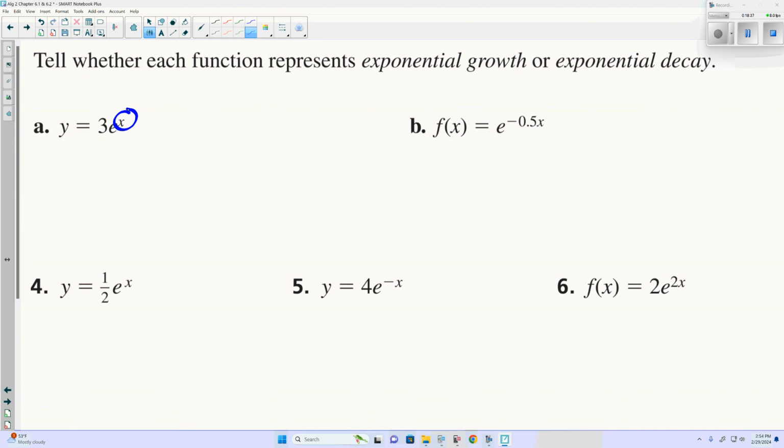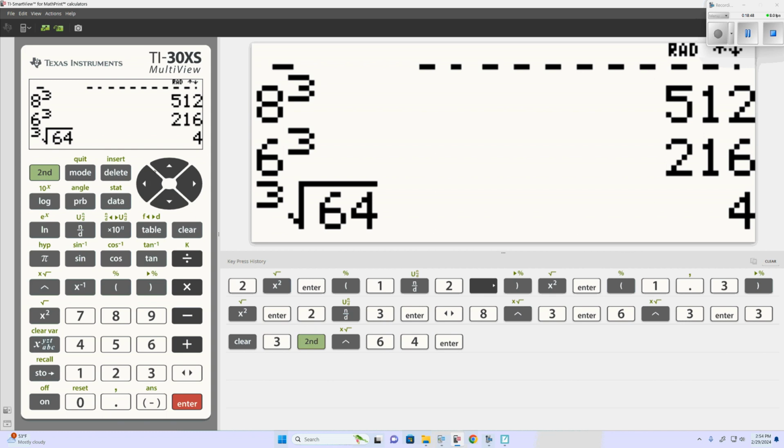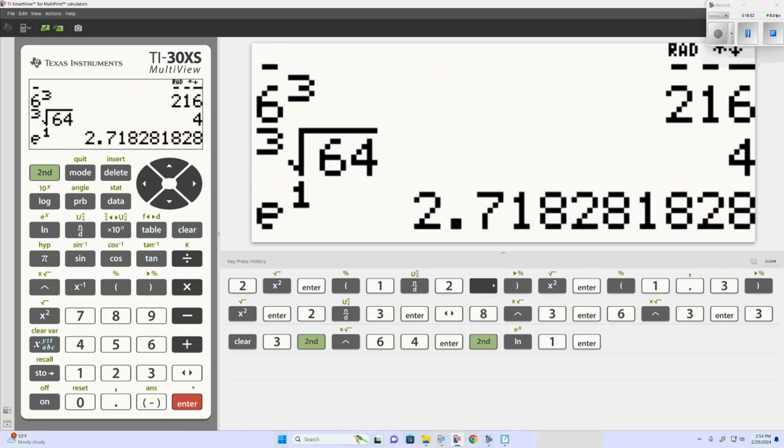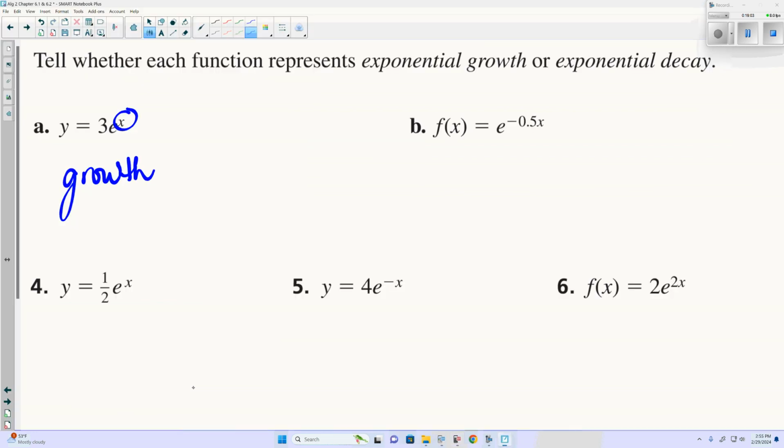It is positive, so it would indeed be growth. Now we're mainly looking at the e part, but it's really e to the 1x, and e is 2.71 and so on. So by our earlier definition, the base here is indeed greater than 1, so it does hold true that this is growth.